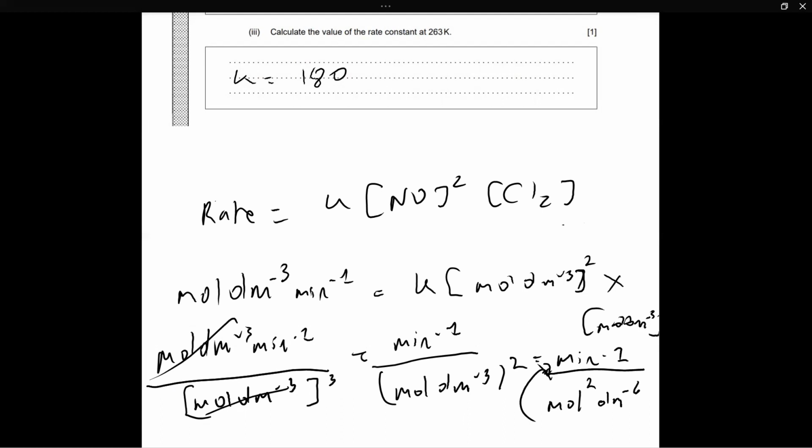And remember, when you take something from the denominator into the numerator, the signs of the exponents flip. So this basically becomes mole to the power of -2 times dm to the power of 6 per minute. These are the units. This is basically what the units are.